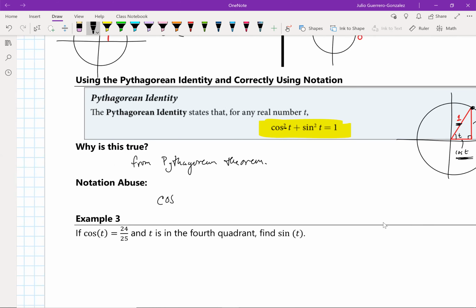When we talk about cosine squared of t, this is equal to cosine t, that whole thing squared. Which is not the same as cosine t squared. That's only for the inside.